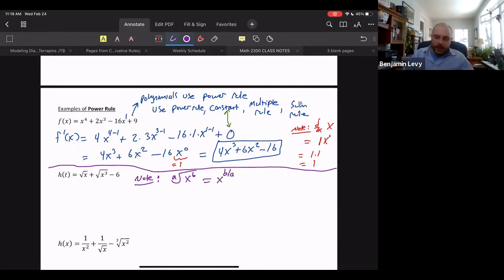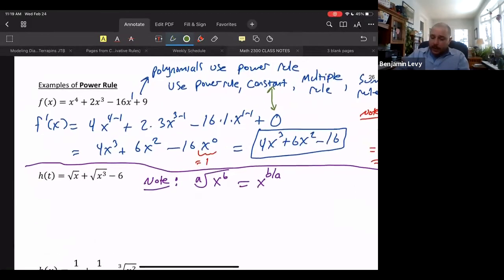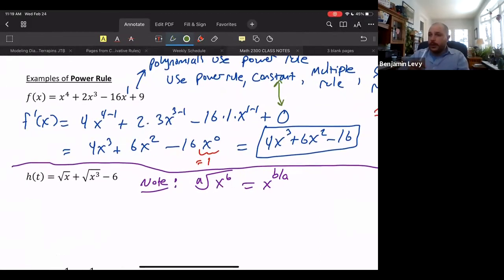Does that kind of ring a bell? I hope that rings a bell for most people. If not, it's okay, but just know that now and let's apply it here. In this example, square roots don't have a number there, but there's really a 2. You remember how there's no real number written there, but it's like a hidden 2.